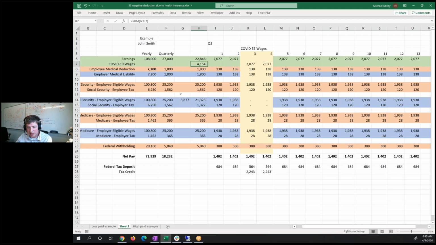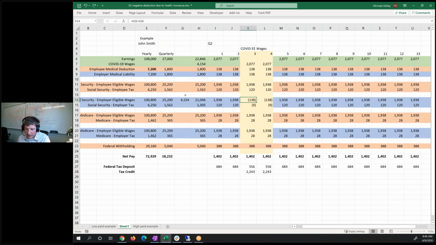And since it is not the same, we have not taken the full benefit, and we're going to confuse ourselves quite royally when we go to file our 941 report at the end of the quarter, and we're going to have a tough time substantiating this in case of an audit.